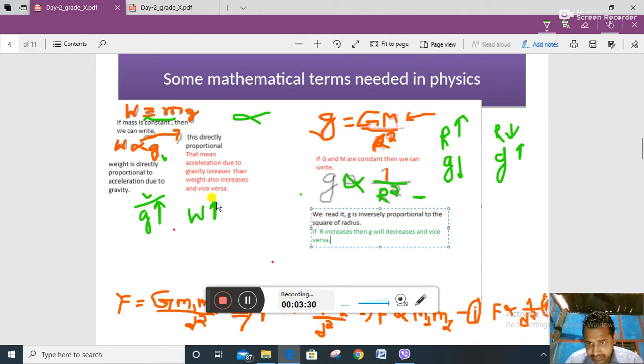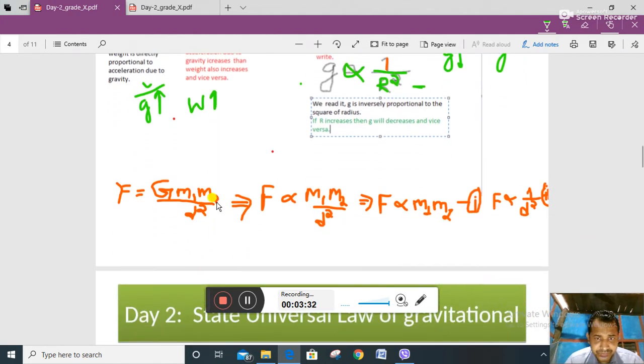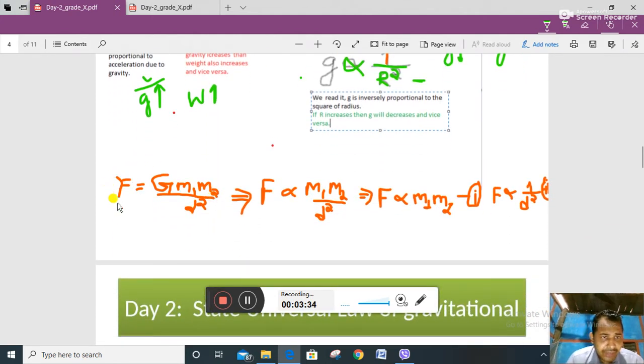Let us see the same idea in the formula. We have learned F equals G m1 m2 by d square. From here it is clear that G is a constant quantity, so I can change the sign and write F is proportional to m1 m2 by d square.